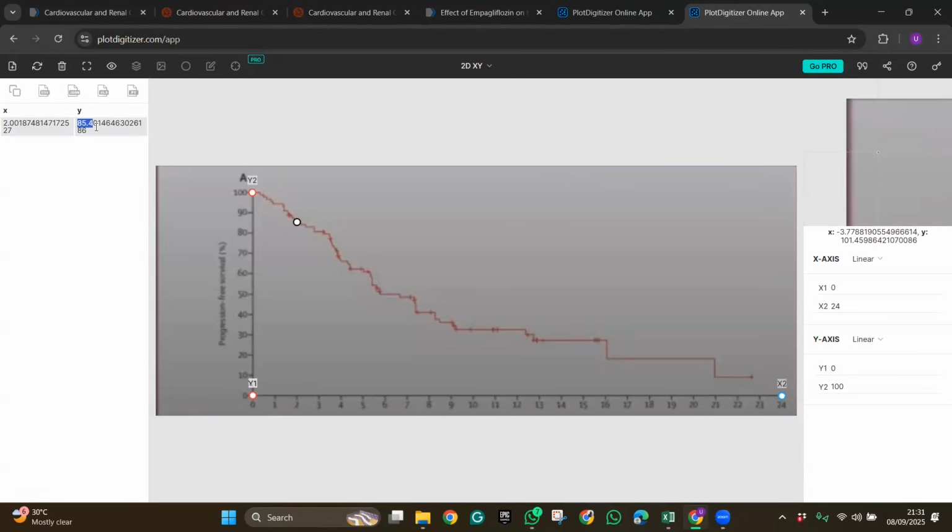I'm going to multiply it with my sample size. Let's say my sample size is 50. I'm going to multiply 85.4 with 50, and then divide it by the upper limit of my y-axis. What is the upper limit of my y-axis here? It's 100. I'm going to divide it by 100. And that final value which I get will be the progression-free survival at week 2.